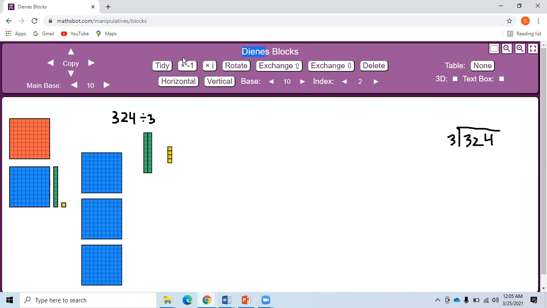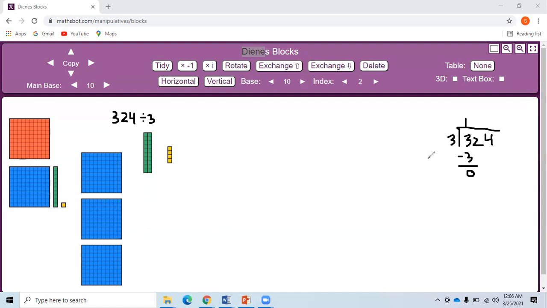So I'm creating these 3 equal rows with my hundreds. If I look at the algorithm, 3 goes into 3 one time, and I write the 1 above the 3 in my dividend. 1 times 3 is 3, subtracting, and I get 0. Well, I cannot distribute my 2 10s in my blocks, not the way they are, because I don't have enough 10s to distribute a 10 to each one of my rows.